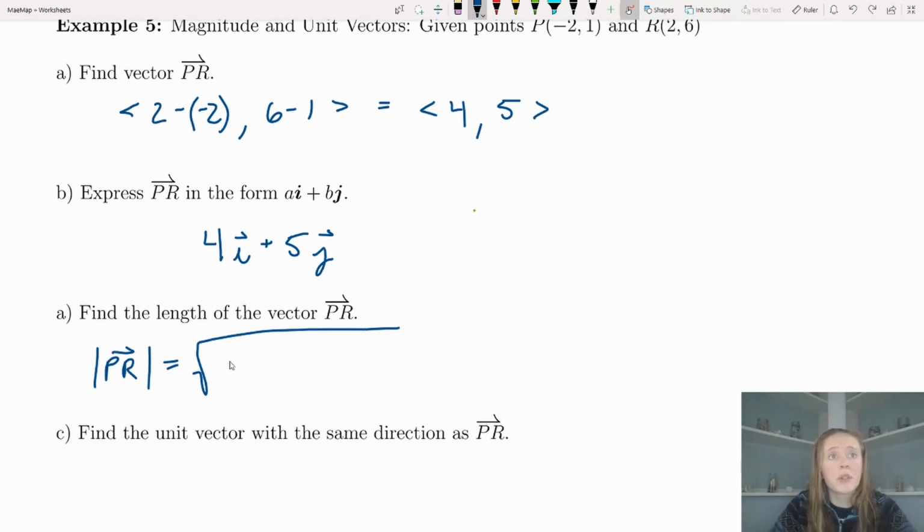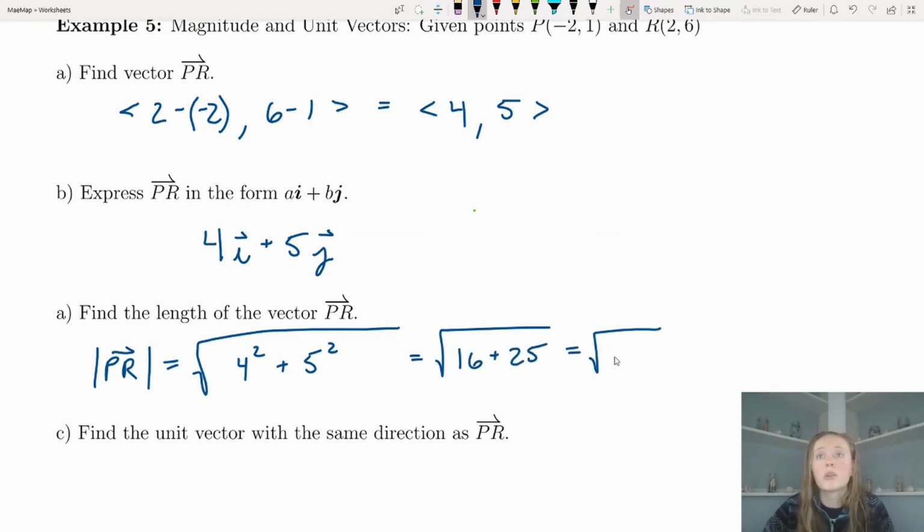So we'll do the square root of 4 squared plus 5 squared, which is equal to the square root of 4 squared is 16 plus 5 squared is 25, which is the square root of 41. And the square root of 41 cannot be simplified. So the length of vector PR is the square root of 41, which is about 6.4. But we'll just leave it as the square root to keep it exact.